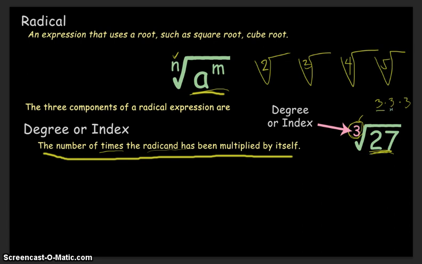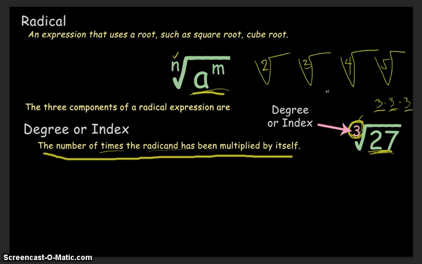Yung 3 dito, hindi yung 3 na ito yun, hindi yung root niya, kundi yung root dito is yung tatlong beses mong minultiply yung number na yon. Tulad nito, 3 times 3 times 3. So ilang beses nating minultiply para magkaroon ng 27? Tatlong beses. Okay?